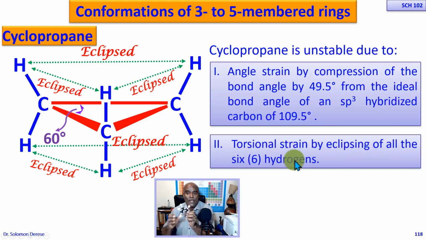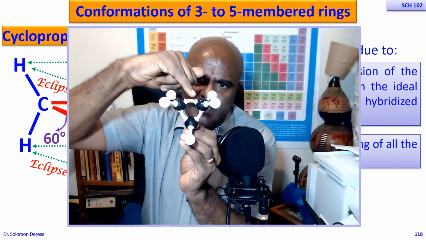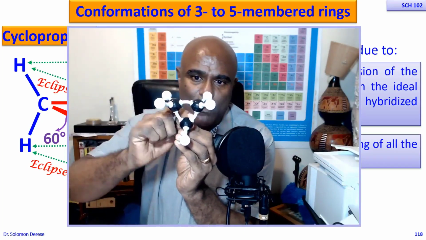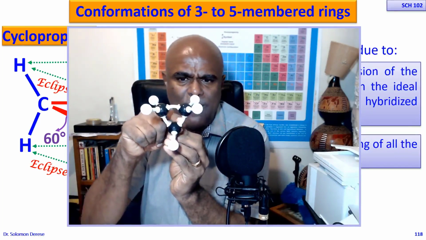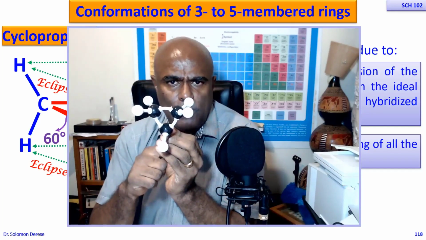If you look closely, you will see that even in this model, these bonds are bent almost to the point of breaking. There's a lot of angle strain in the formation of cyclopropane.